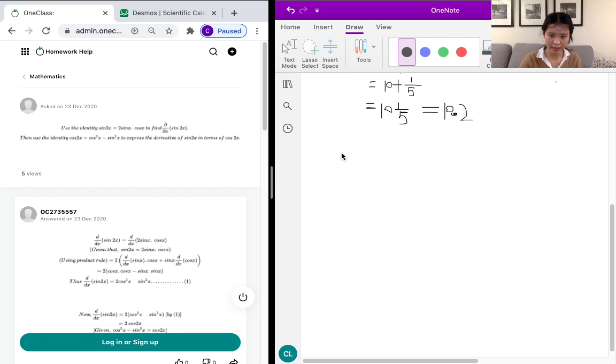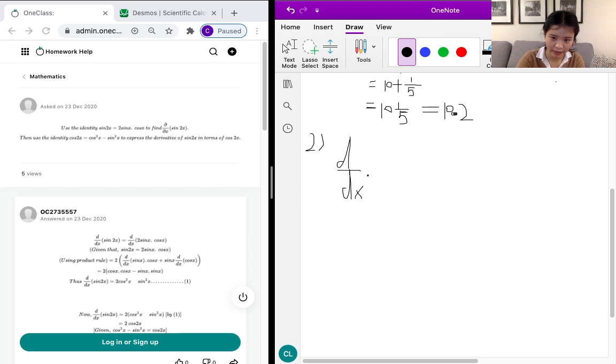So let's try it. For our second question here, we're just trying to find the derivative of sin 2x. So let's do d over dx of sin 2x is equal to, here they already told us in the question that sin 2x is equal to 2 sin x cos x, so we can just go ahead and plug in 2 sin x cos x into the equation.